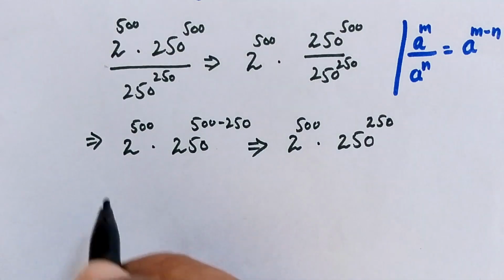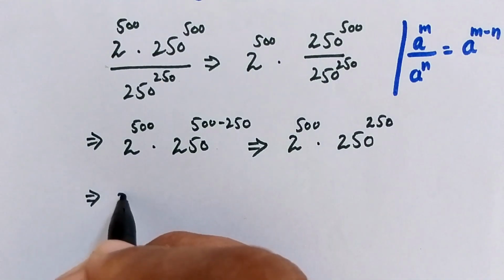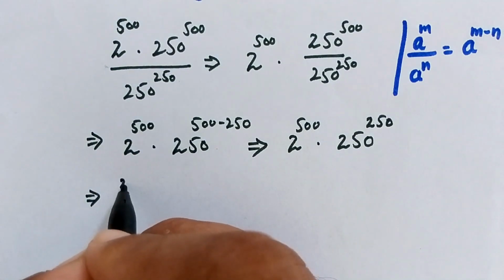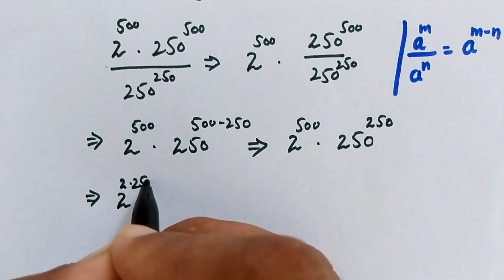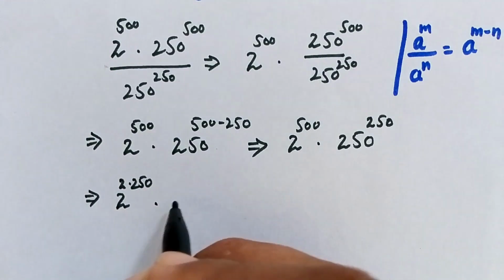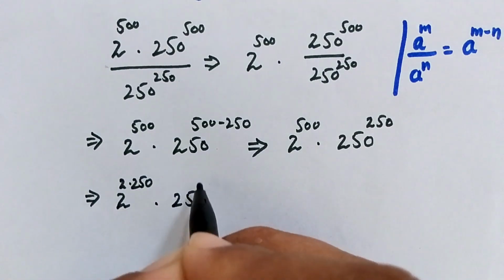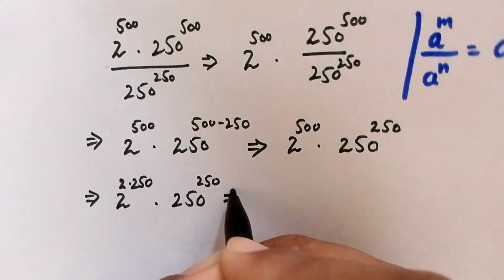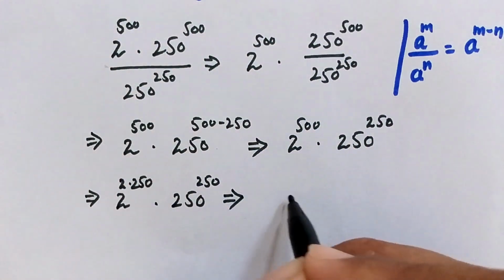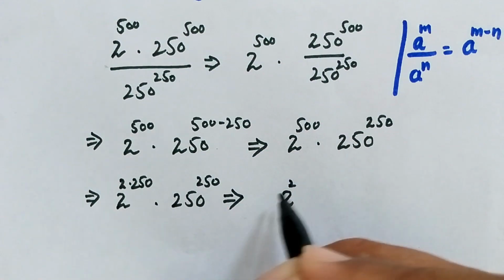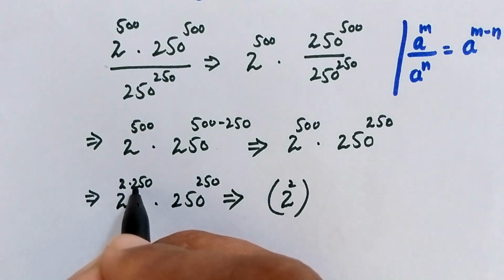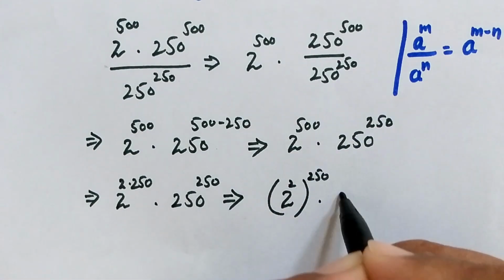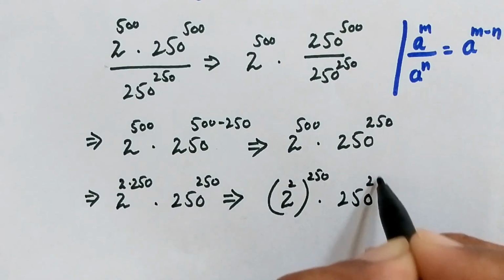Now in the next step, 2 to the power of this 500 is also equal to 2 times 250, so 2 to the power of 500 times 250 to the power of 250 becomes (2 to the power of 2) to the whole power of 250 times 250 to the power of 250.